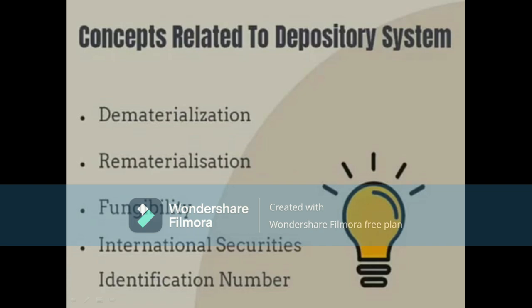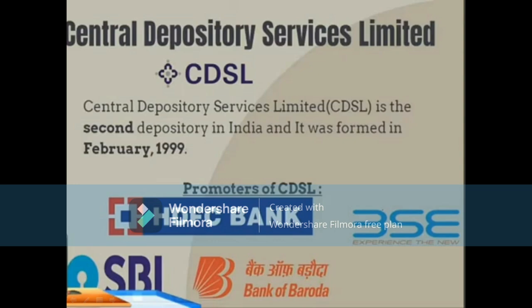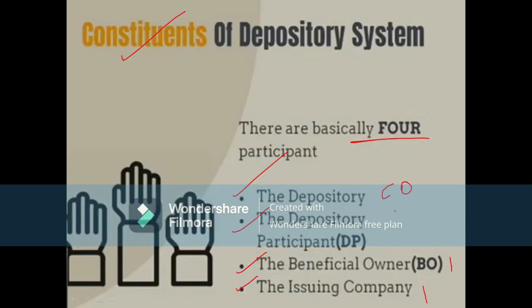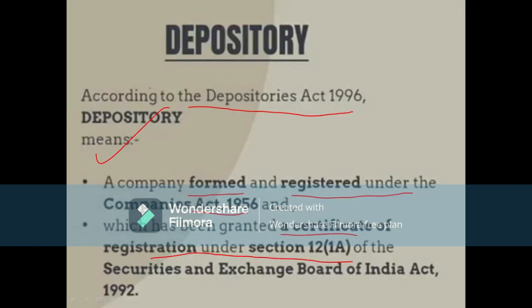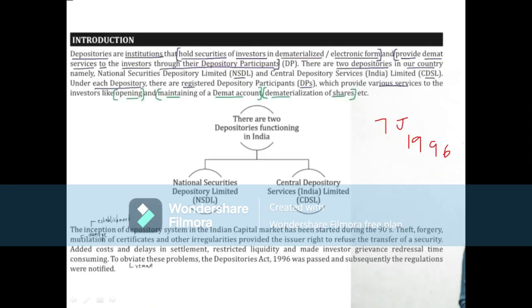So concepts related to the depository system, we will study later on. But till now we have studied the main players in the depository system, and what the depository system is.